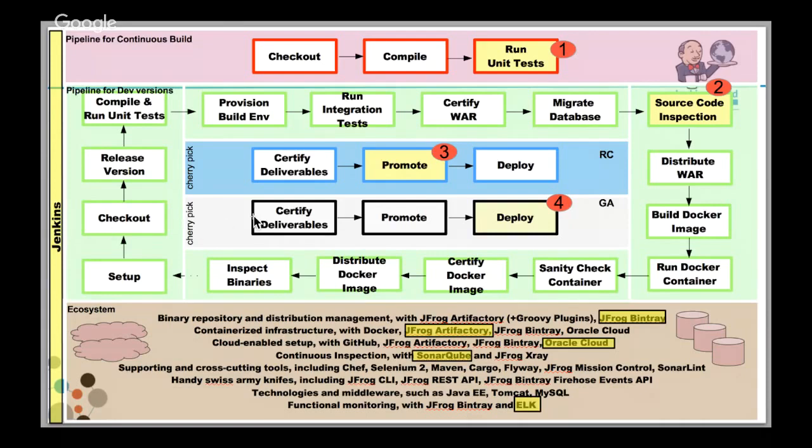So back to the concepts. The idea is to start this continuous build, right? To give some quick feedback. That's the sub-pipeline on the very top. It just checks out code and runs unit tests, right? So the next one is a more holistic one. It's a green background. It continuously delivers specific dev versions, right?